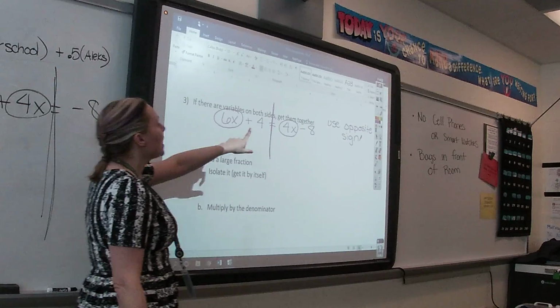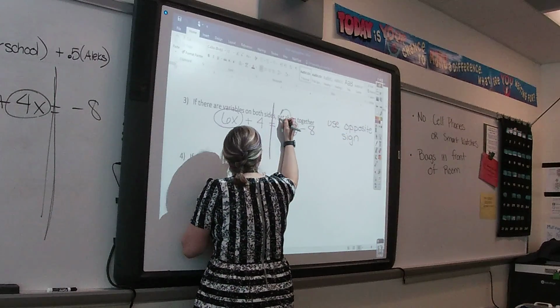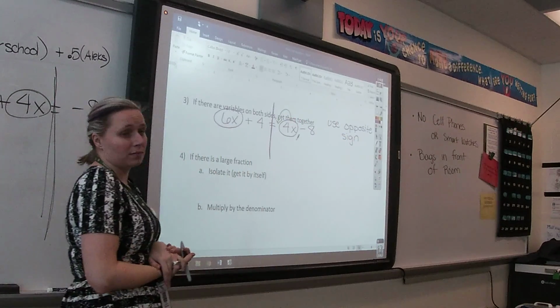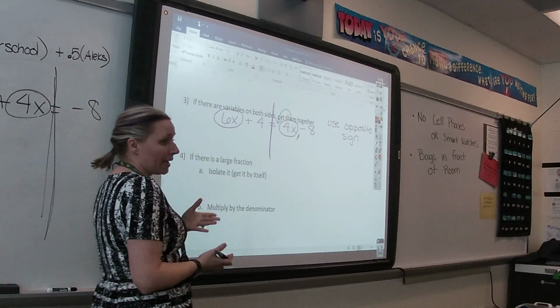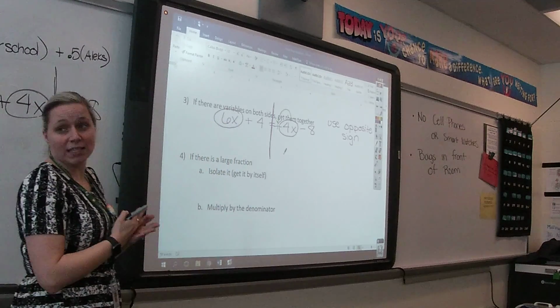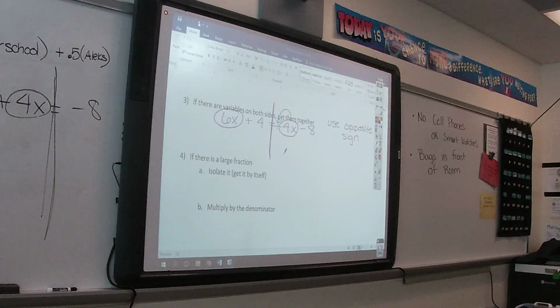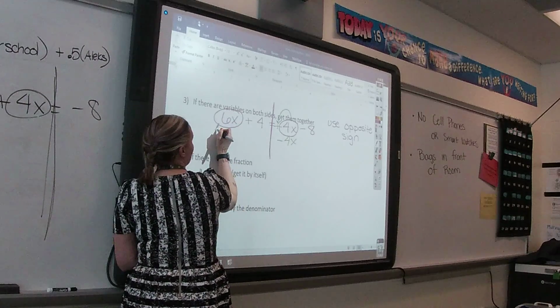Okay, so we are going to look at this 4x. And we're going to look in front of it. Is this 4x positive or is it negative? It's positive because we don't see anything there. So if we want to use the opposite sign, the opposite of a positive is a negative, which is the same thing as subtraction.